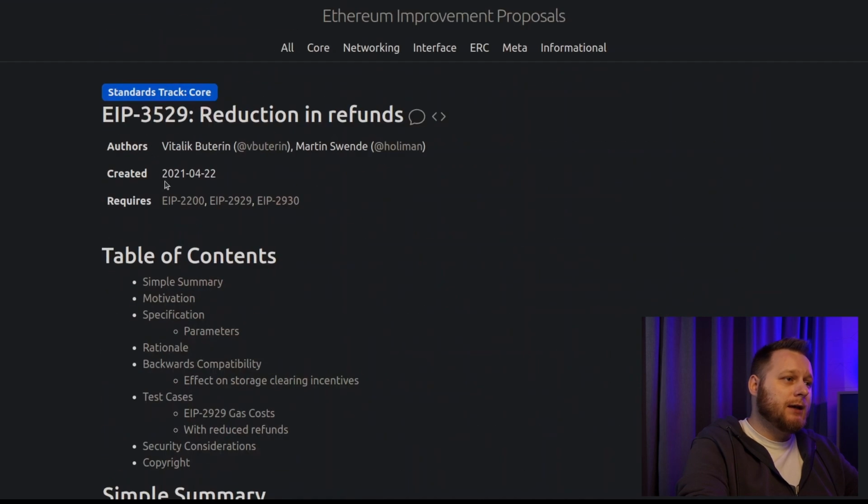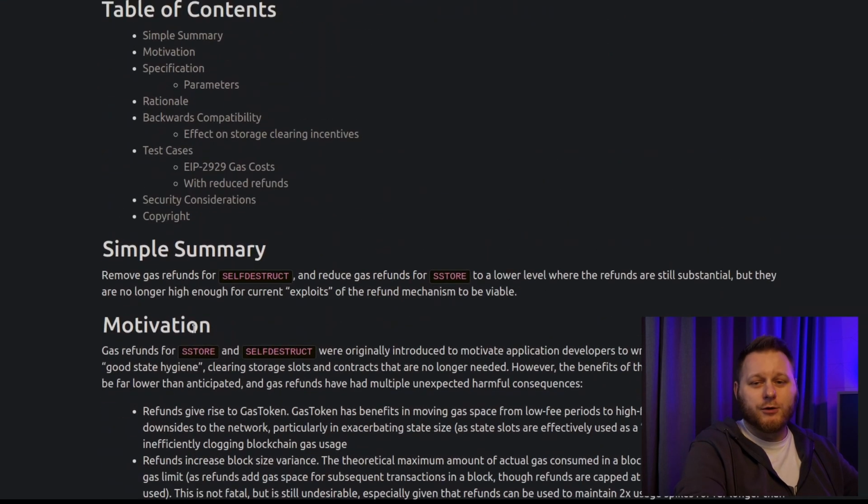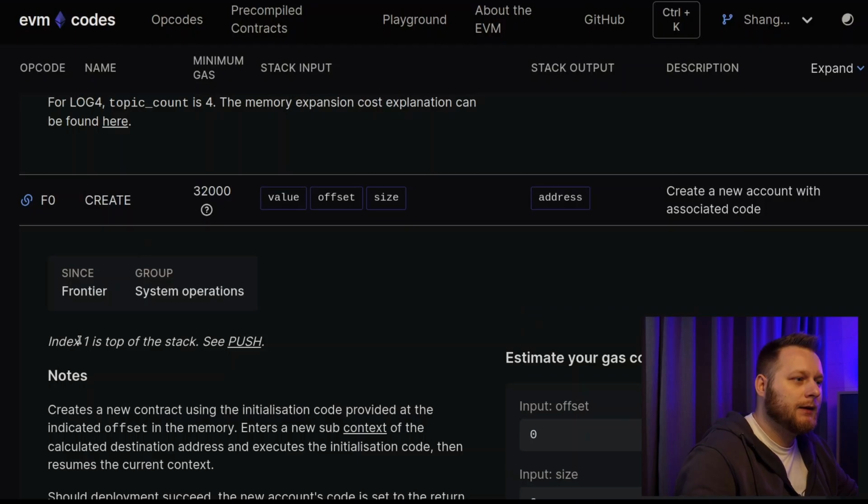So EIP 3529 decided to reduce the refunds. Basically it removed gas refund from self-destruct completely, and it reduced gas refunds from SSTORE. So right now it's basically unprofitable to use those tokens.